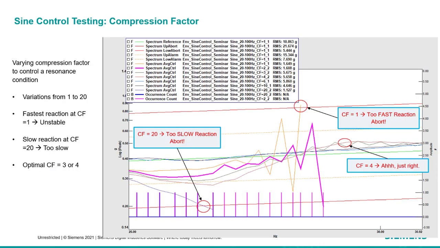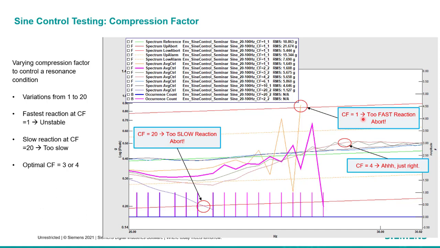For example, this is an example where we're sweeping up through a resonant condition to see what the different compression factor settings would be. So here's about where the resonance occurs. You see this unstable reaction with too fast a reaction by the transfer function, and that's using a compression factor of 1.